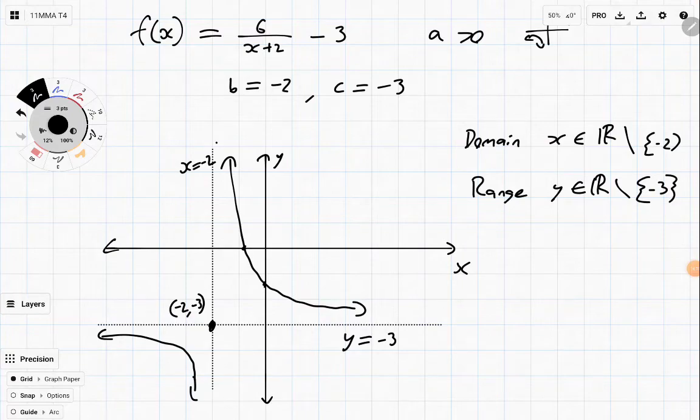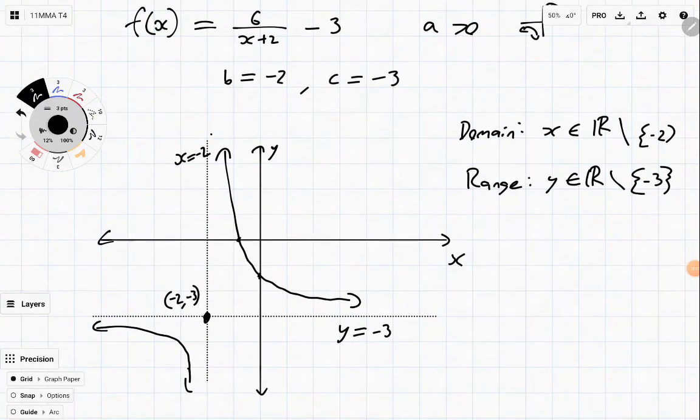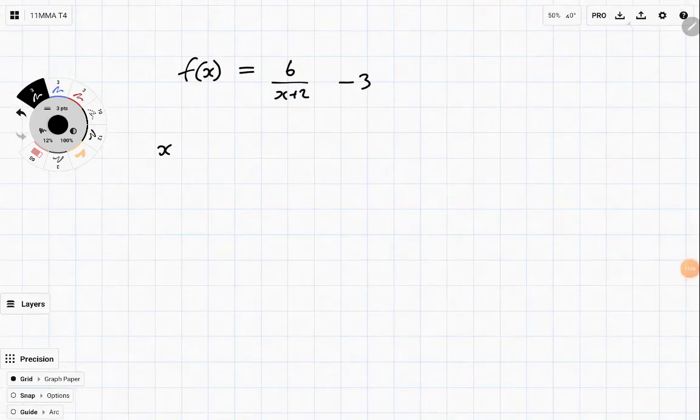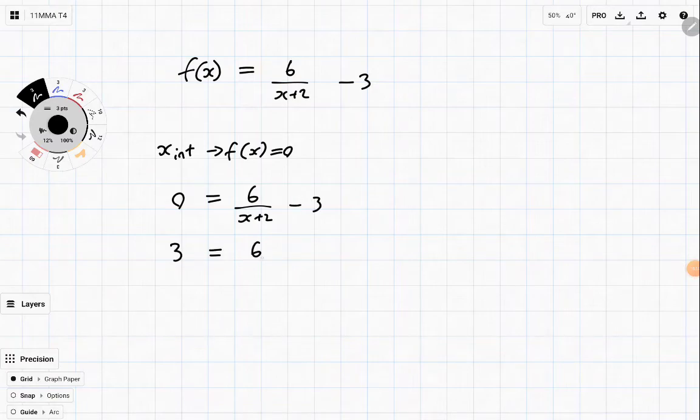And lucky last, let's do some algebraic solving. So to find the x-intercept, we're just wondering when f of x is equal to 0. So 0 is equal to 6 on x plus 2, minus 3. Add 3 to both sides. And here comes our first bit of trouble.